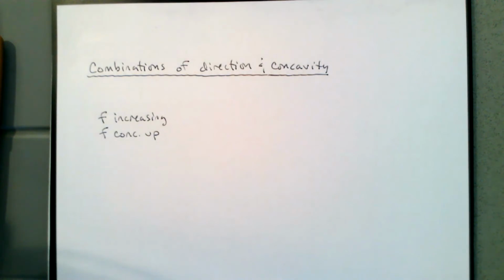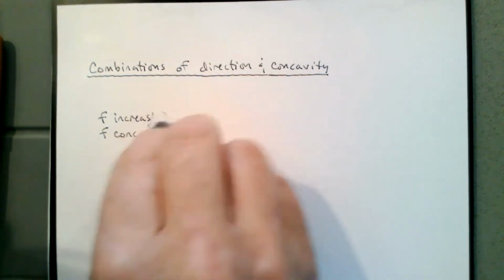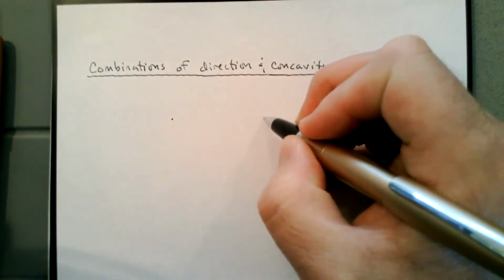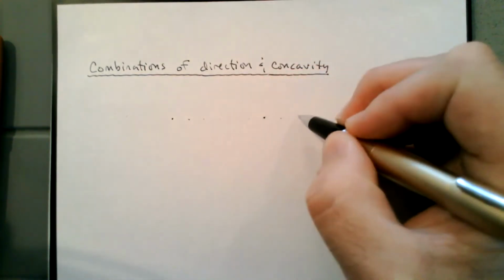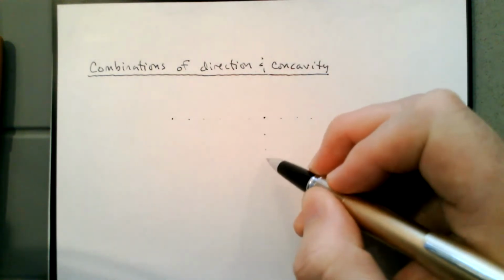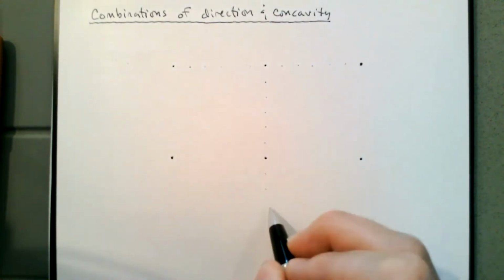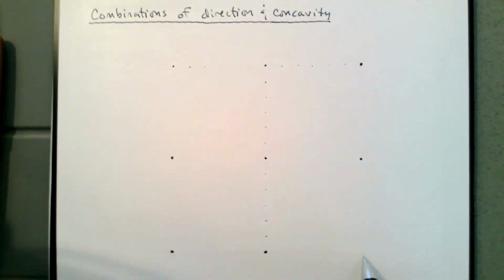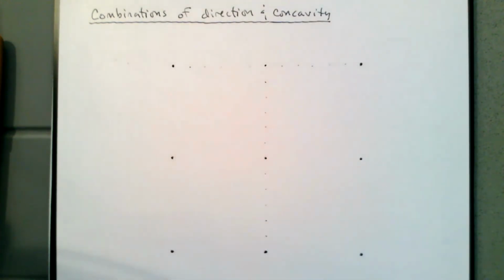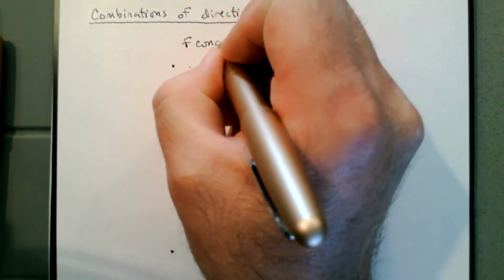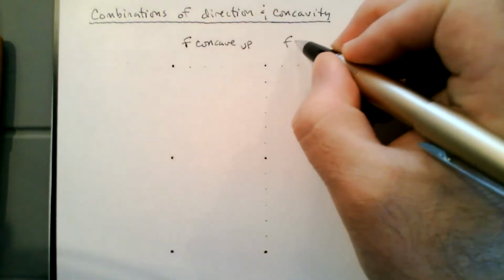Can't all be on one line. I'm trying to make a chart. So across the top, let's make a column where the function is concave up, and then a column where the function is concave down.